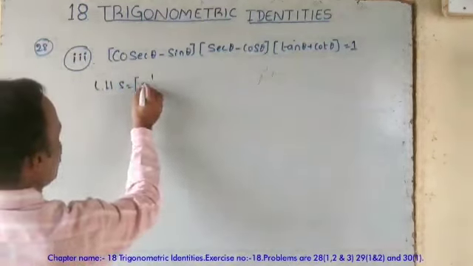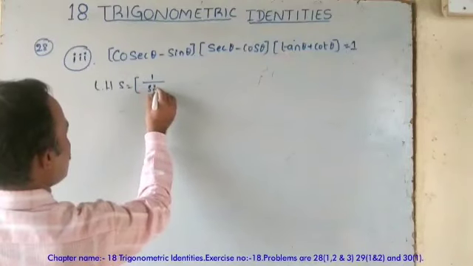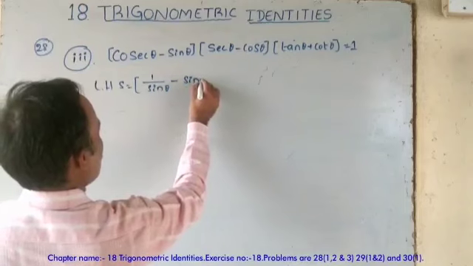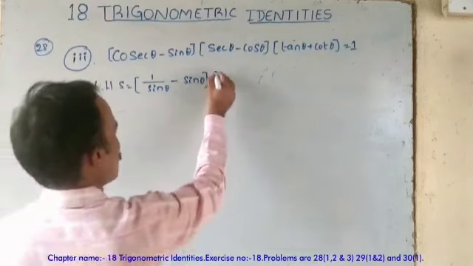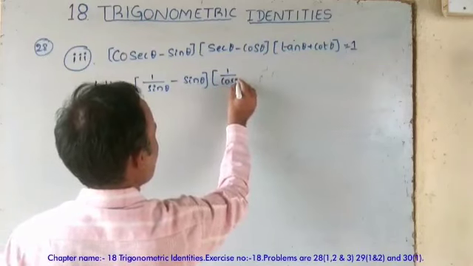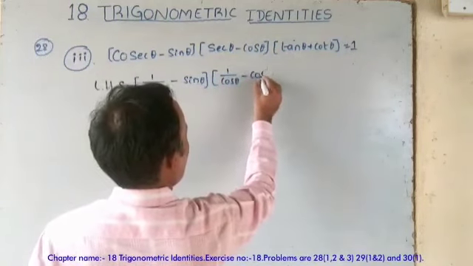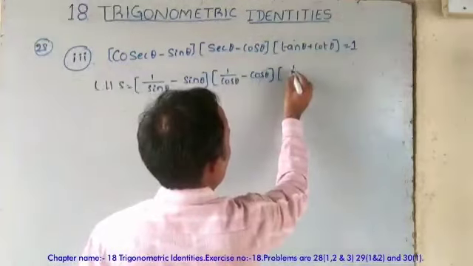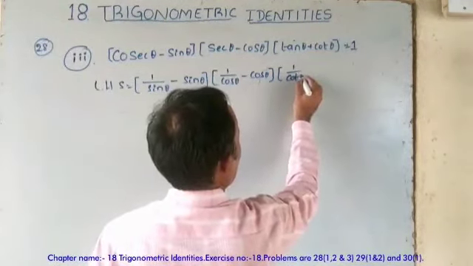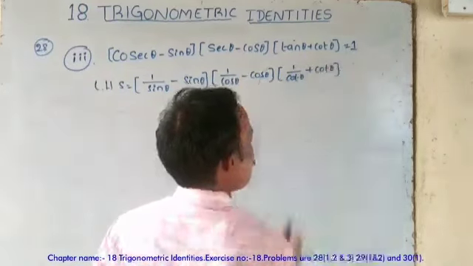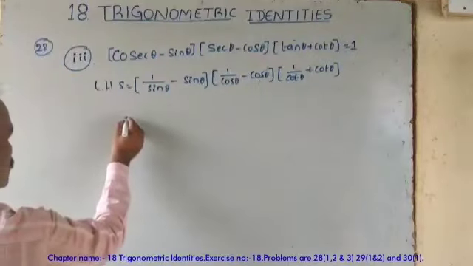Cosecant theta can be written as 1 divided by sin theta, minus sin theta as it is, into secant theta can be written as 1 divided by cos theta, minus cos theta as it is, into tan theta can be written as 1 by cot theta, plus cot theta as it is, using reciprocal relations.